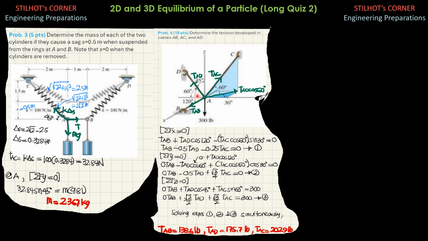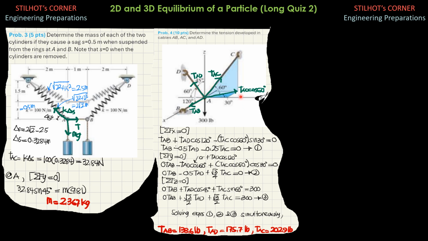Anyway, summation of forces in x equals 0, so we have tension AB positive. Then supposedly this is negative, but because theta x is 120 degrees, the x component of tension AD is tension AD times cosine of theta x. Then minus the component of tension AC on the xy plane, first is tension AC cosine 60 degrees, and the x-axis is this part, which is opposite to 30, and it is negative because it is directed in the negative x direction.